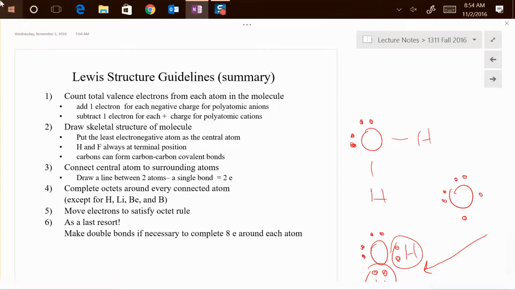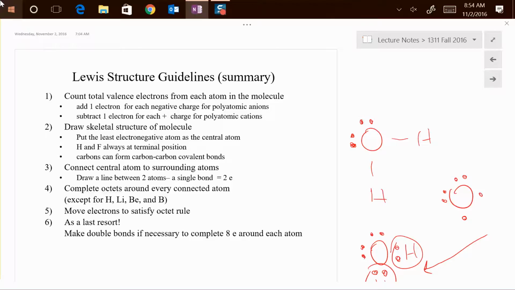They only need one more, which means they can only make what? A single bond, right? Can you be in the middle if you can only make a single bond? No. You will always be on the outside, right? If I make one single bond, I could never have 2 things attached to me. So these guys always have one thing attached to them.